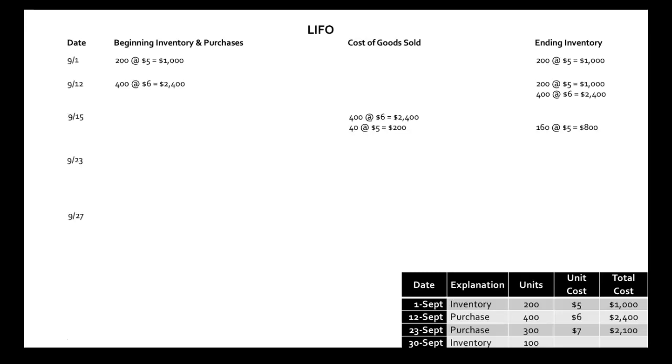Now on the 23rd, we make another purchase. We purchase 300 units at $7 a piece. So we rewrite out the inventory that we had at $5 a piece, and then underneath that, we write the new units that we just purchased at $7 a piece.